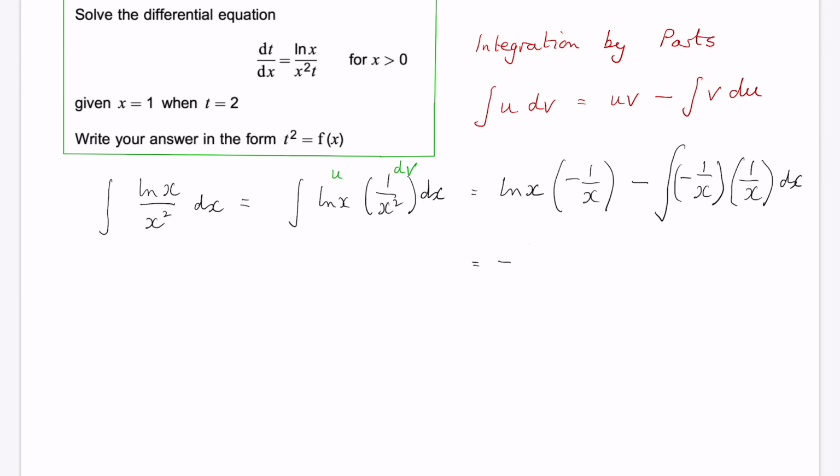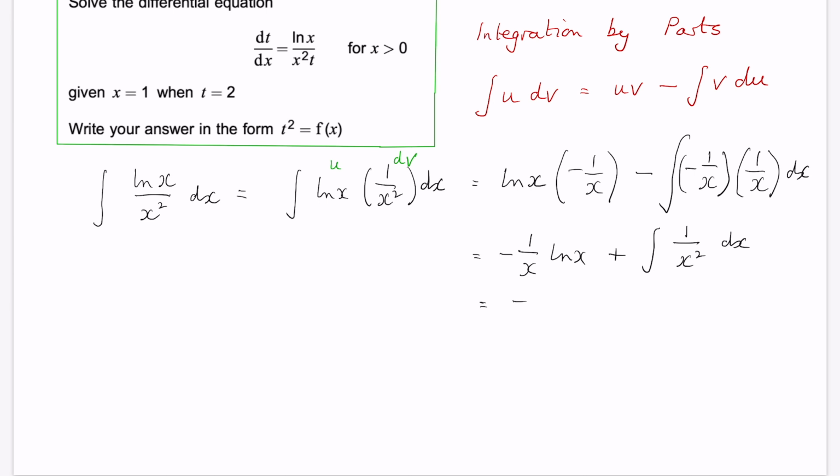And we'll tidy this up slightly as we go along. Minus 1 over x log x plus the integral of 1 over x squared dx. Now, the integral of 1 over x squared we've actually just done here. And again, as I said, it should be one of those that just rolls off the tongue.